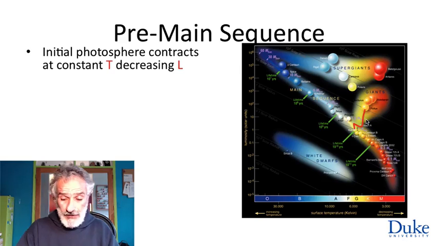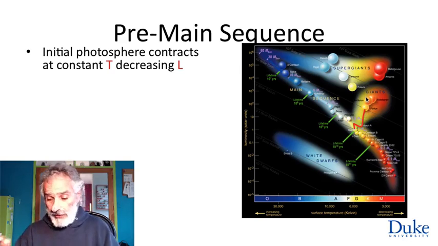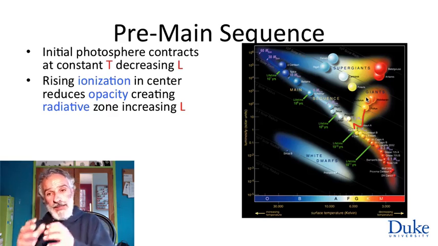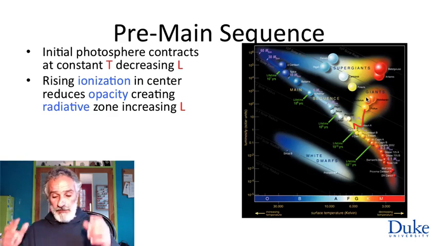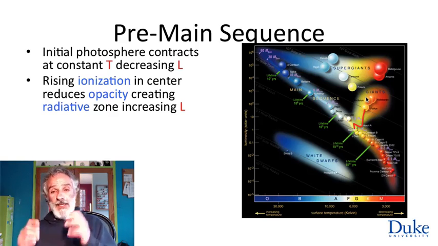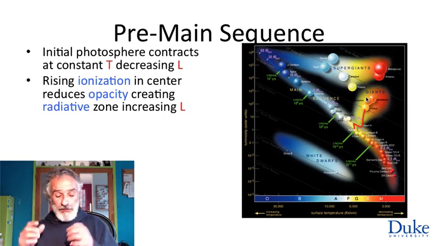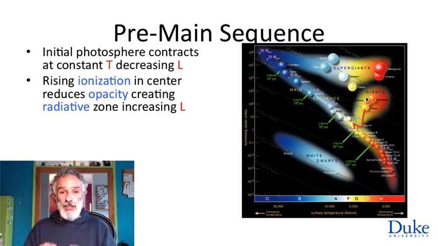And this continues. You notice at constant temperature, the star is contracting, therefore its luminosity is decreasing, until the ionization in the center becomes, as the center heats, the ionization in the core increases. This makes the core less opaque. This allows a radiative zone to be produced.